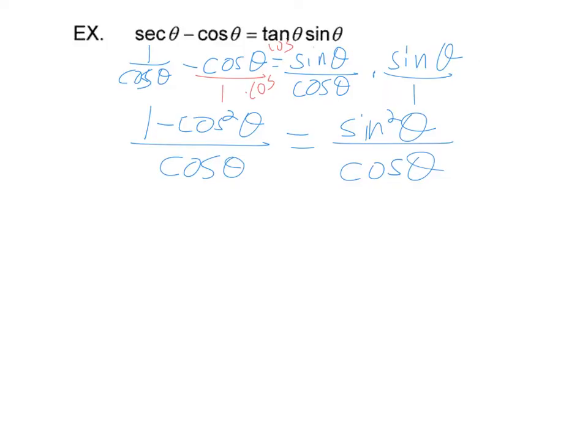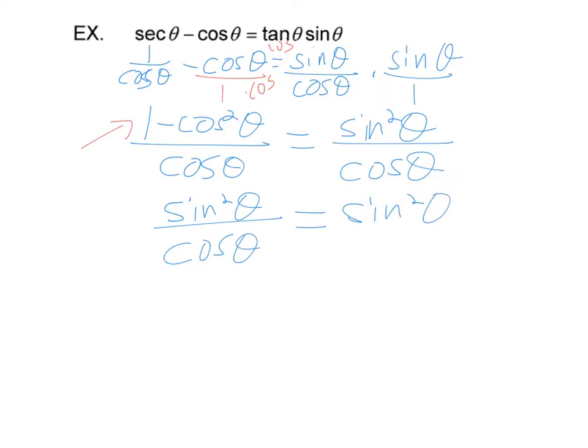The top of the left fraction is one of the rearranged Pythagorean identities that I showed you just a couple of problems ago. 1 minus cosine squared is equal to sine squared from the Pythagorean identities. And now, since the left side looks like the right side, we're finished.